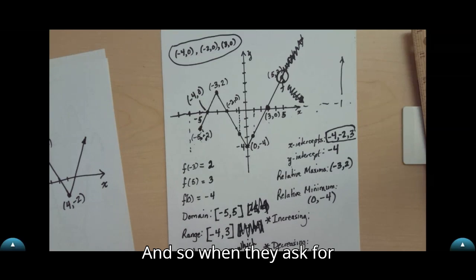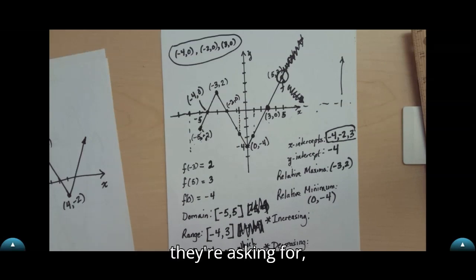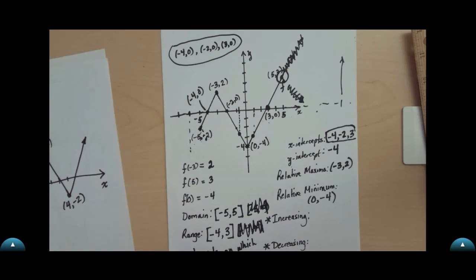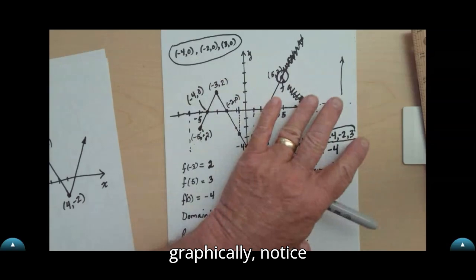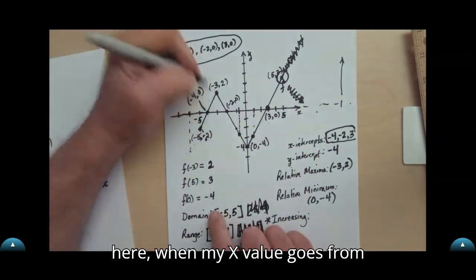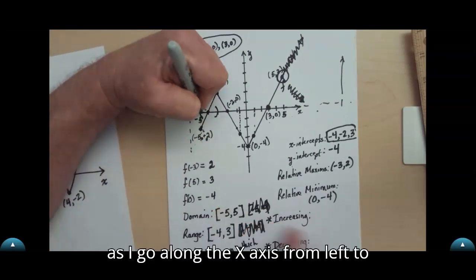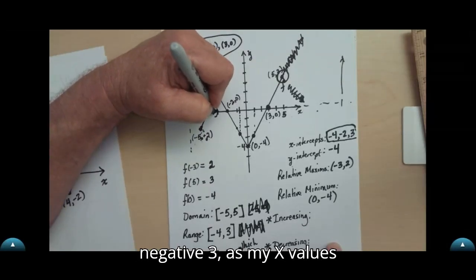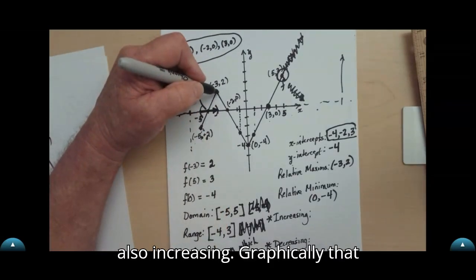The trick is, how do we communicate that? When they ask for intervals on which the function is increasing or decreasing, they are looking for the interval of x values over which the y values are increasing, which means graphically, notice here, when my x value goes from -5 up to -3, as I go along the x-axis from left to right, as my x values are going up, the y values are also increasing.